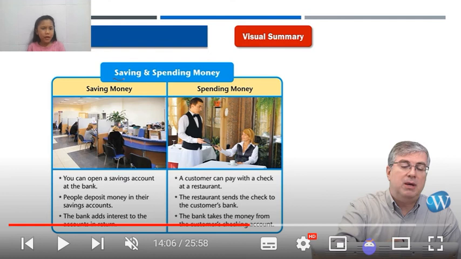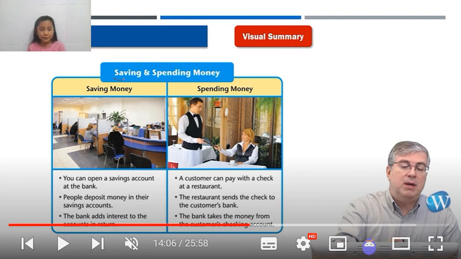Well, if you forgot to bring the money or the credit card, you can tell the waiter or the waitress to give you a check. You would fill in the number, the amount of money, right? Your name, your location, what you spent the money for, where you spent it, right?